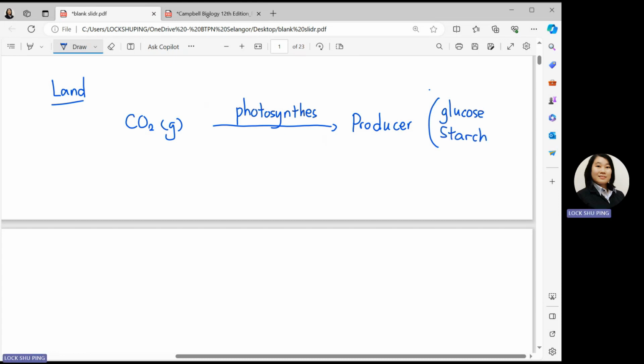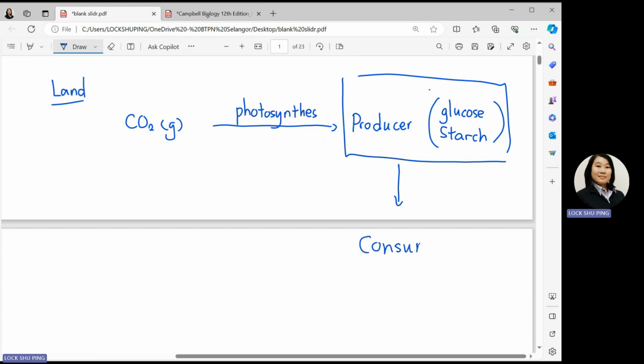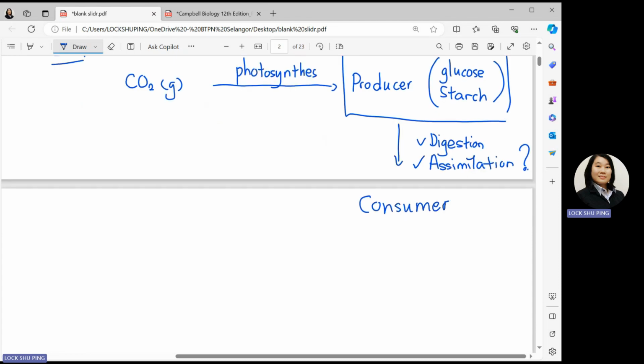Okay, then this organic compound will further pass through the next trophic level to other consumers. They will first digest, then continue by assimilation. A lot of students will ask, what is assimilation? You have learned about assimilation before this.